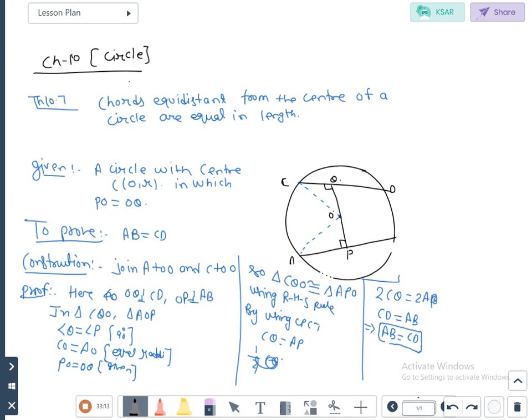Now open your book, exercise 10.4, question number first.